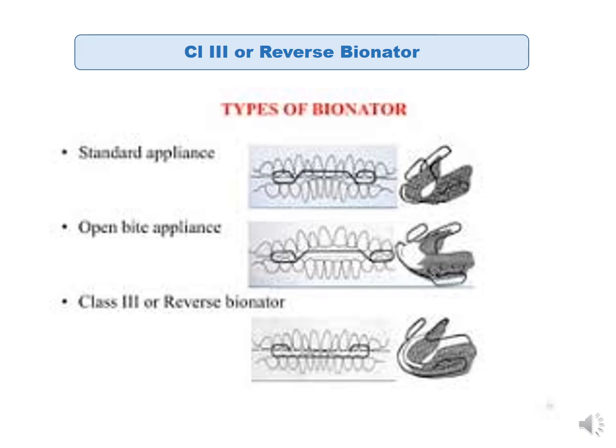And this is a class 3 or reverse bionator, whereby the palatal arch is reversed when you compare with the standard type, as well as the labial bow runs over the lower incisors, whereas in the standard type it terminates at the canines.